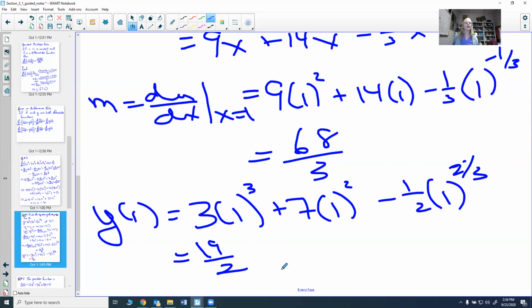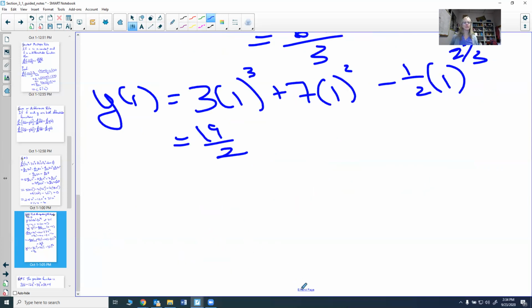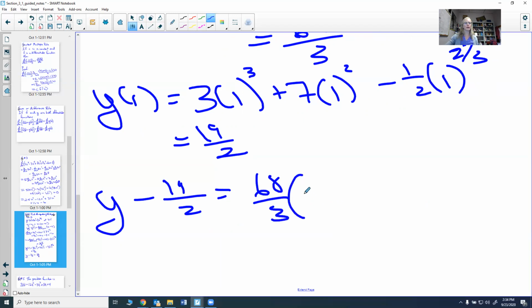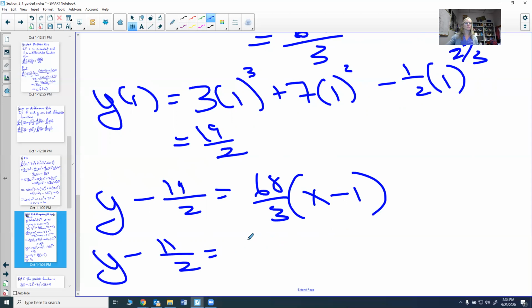All right, so now I can find the equation of my tangent line. The equation of my tangent line would be y minus my 19/2 equals my slope, which we came up to be 68/3. And that slope should always be a number, don't forget. And then x minus 1, because my x1 was 1. So then y equals 68/3 x minus 68/3, add 19/2 to both sides, and find out what that is equal to.